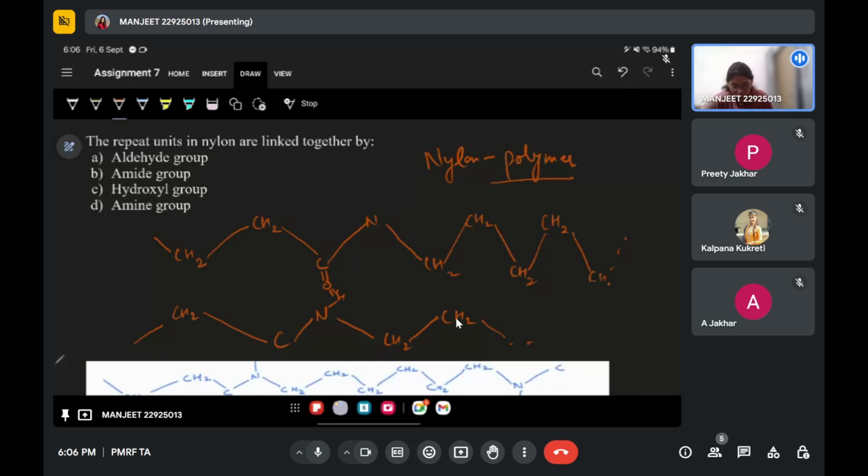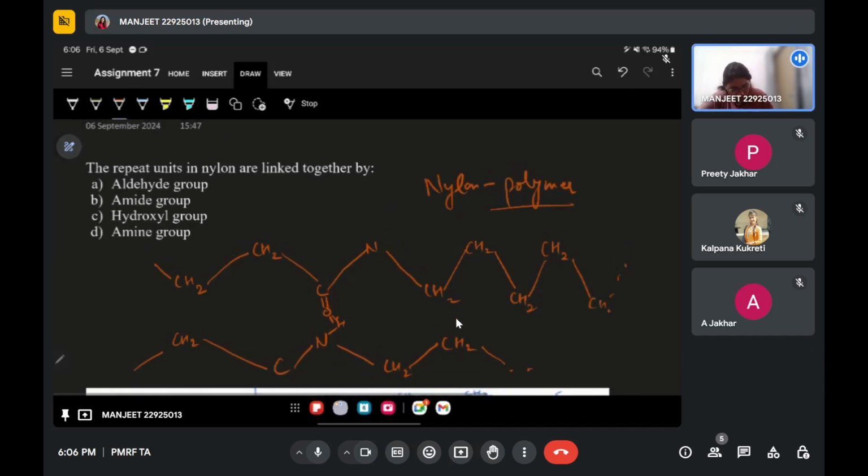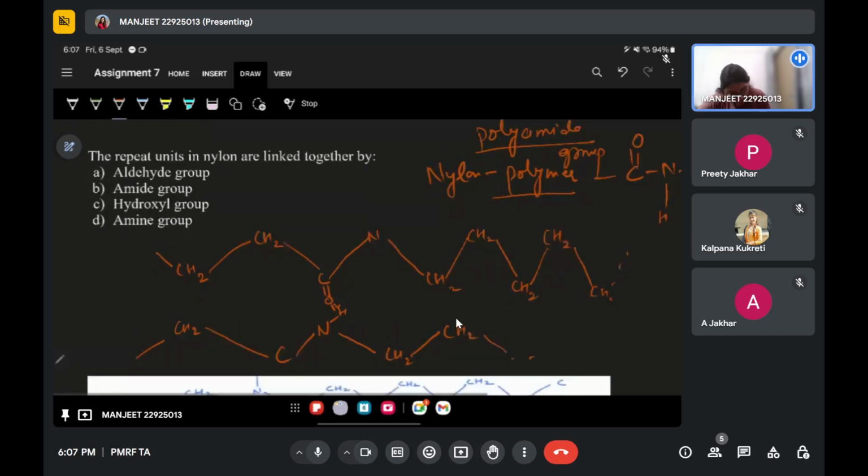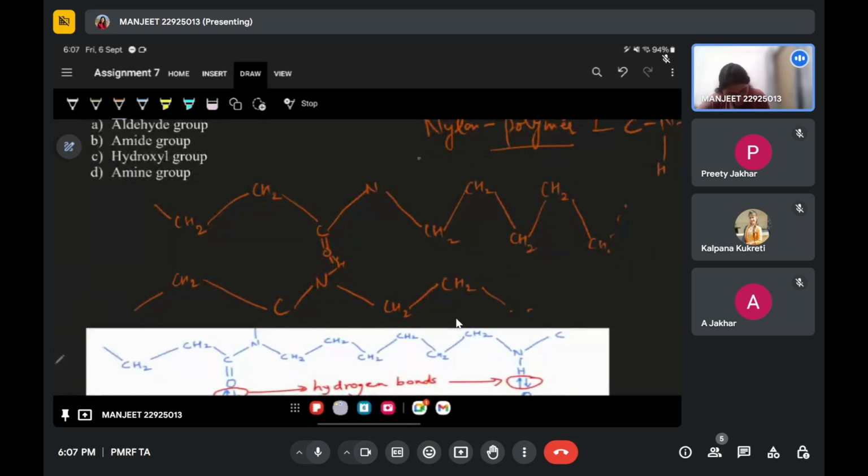So what is the repeating unit in nylon? This is the polyamide structure. In the polyamide structure we have C double bond O, N, H, and this whole complete unit will repeat.